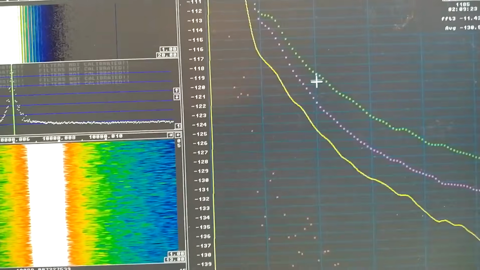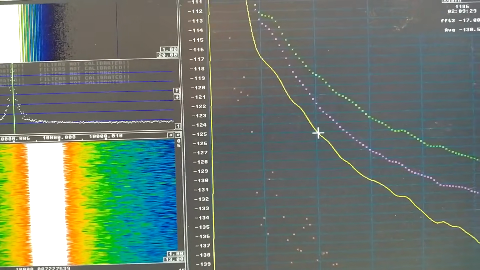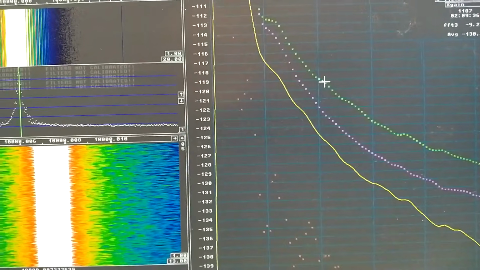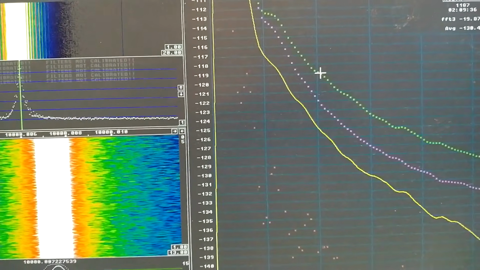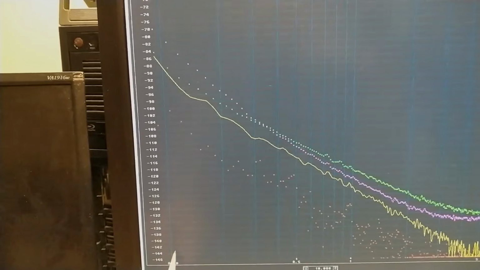So it is the sum of the noise -125 plus the noise at -120 comes out as -119. Close to the carrier, here 0.1 Hertz.